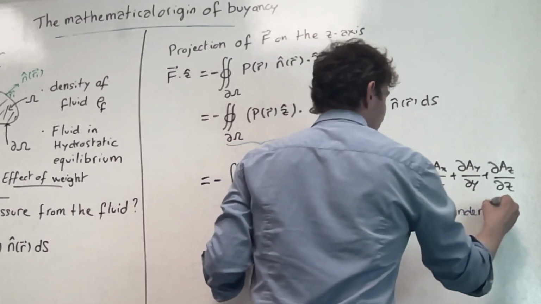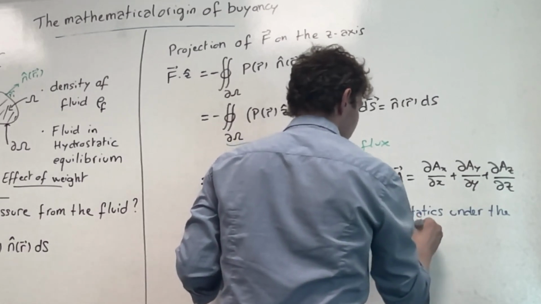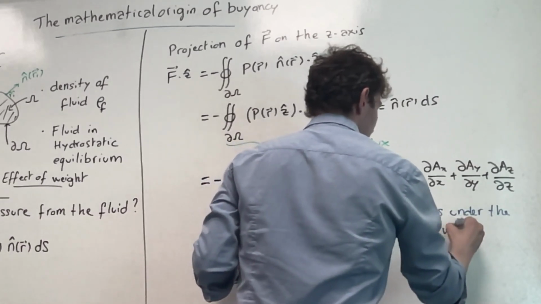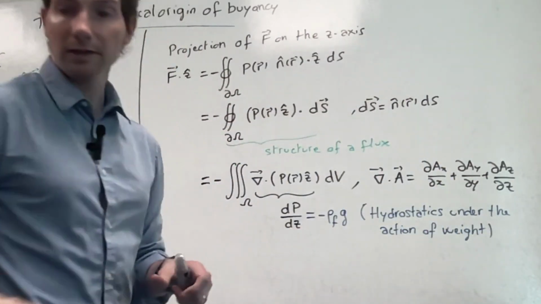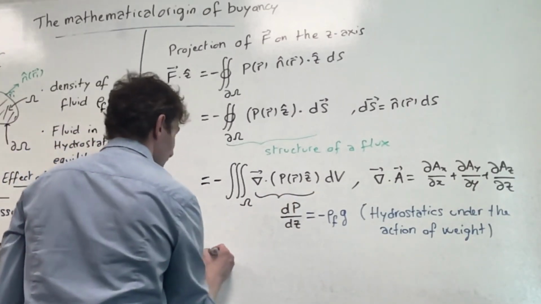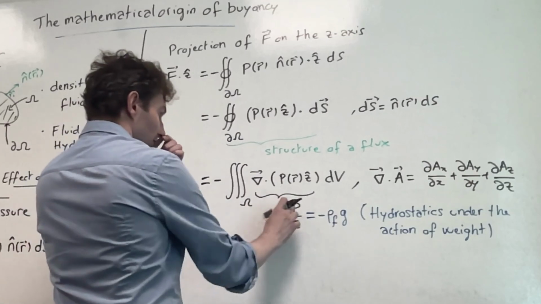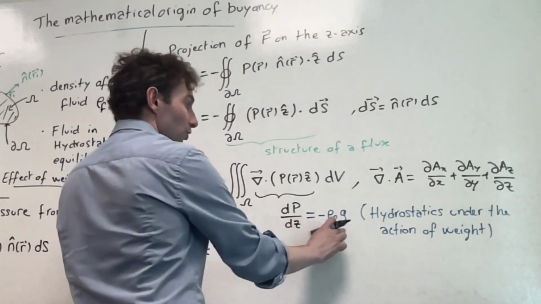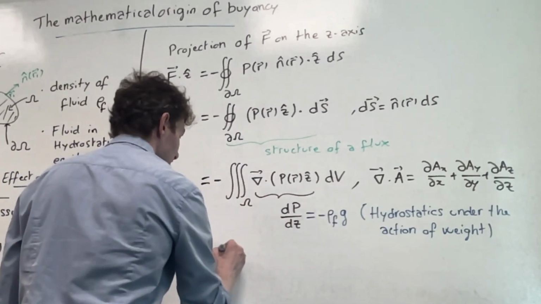Under the action of weight. Once we're there, there is a minus times a minus, so I'm substituting dp/dz by minus rho f g, and so I've got minus minus, so that's plus.